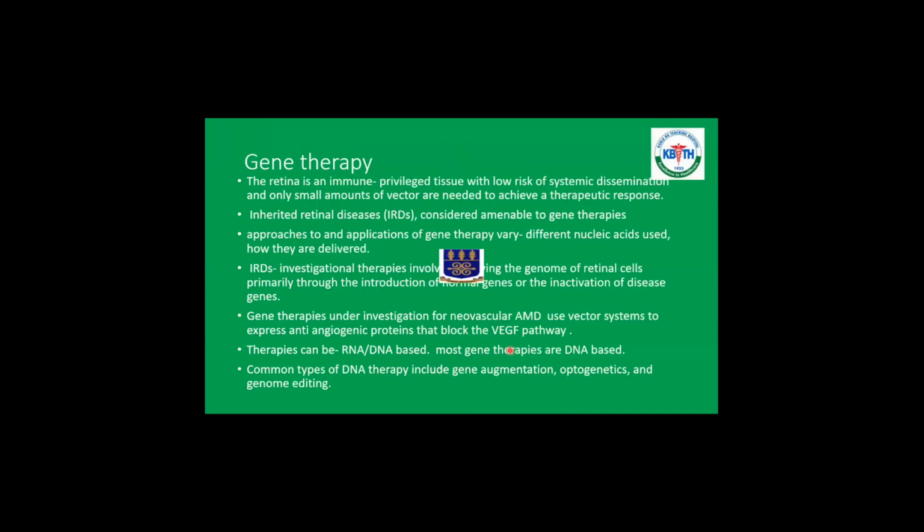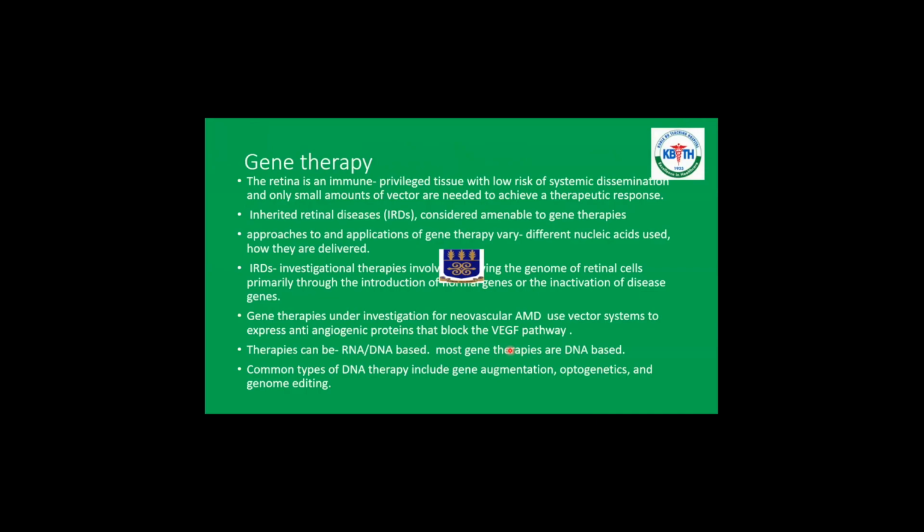So this is the last chapter, and I mentioned earlier that we may not go into it, but gene therapy is an emerging area in ophthalmology, and the retina is a suitable site for gene therapy because it is an immune privileged site.